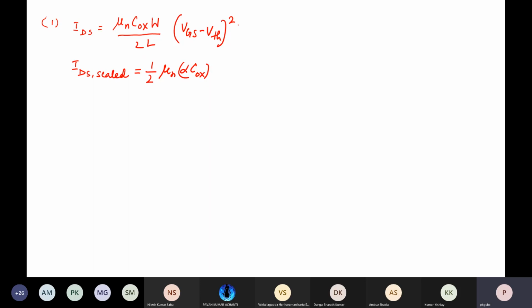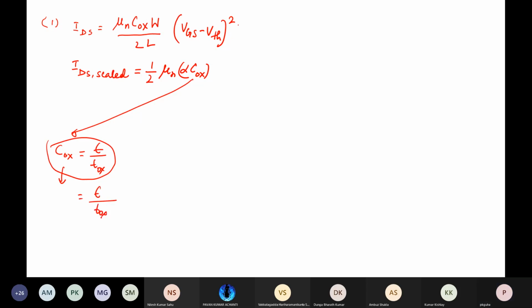Gate capacitance is basically epsilon by D, or epsilon by Tox, right? And due to scaling, this will go to epsilon by Tox over alpha. So effectively it becomes alpha Cox.